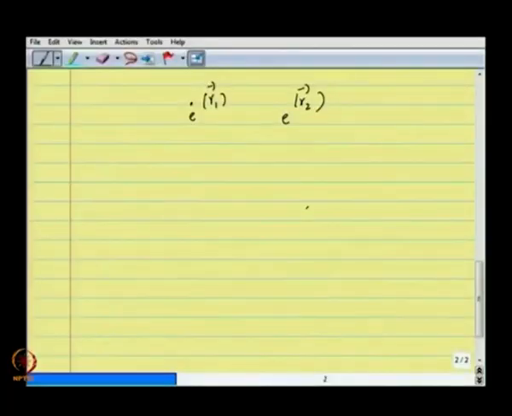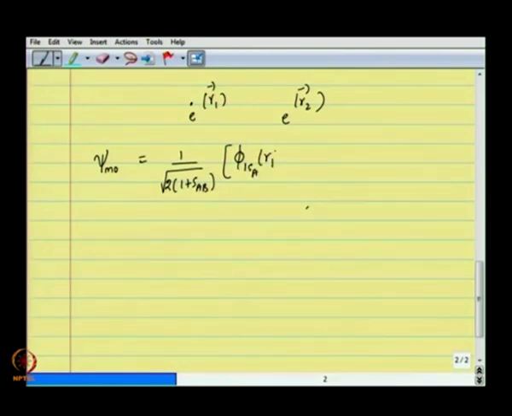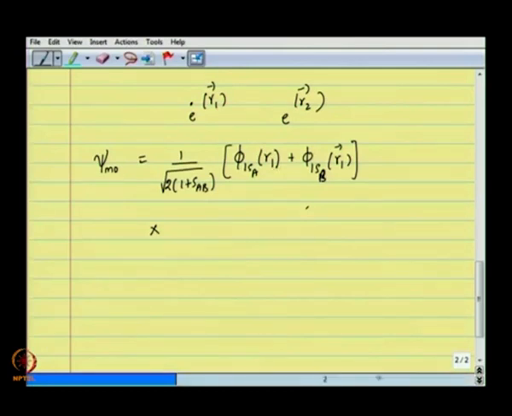the overall energy is the sum of the non-interacting particles. So in that sense, if we have to write the molecular orbital for the hydrogen molecule, we may start with this: 1 by root 2 into 1 plus S_AB times phi 1s A plus phi 1s B for electron 1, r1, the same electron in the 1s B orbital, times the wave function for the second electron, in which everything is the same except r1 is r2.